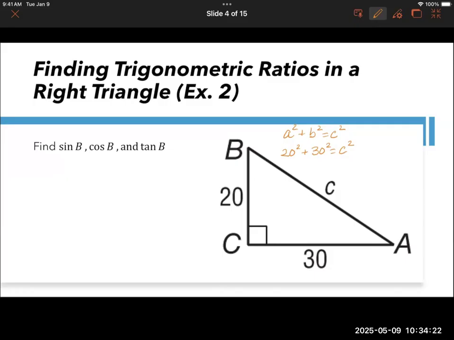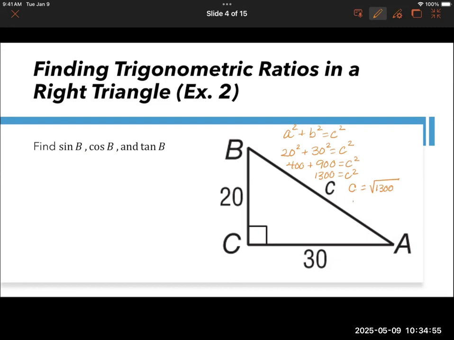So 20 squared is 400. 30 squared is 900. 400 plus 900 will be 1,300. And then I'll take the square root of both sides. Now, because we're dealing with a triangle, we're not interested in the negative result of the square root. So we're only looking at the square root that is positive of this 1,300.